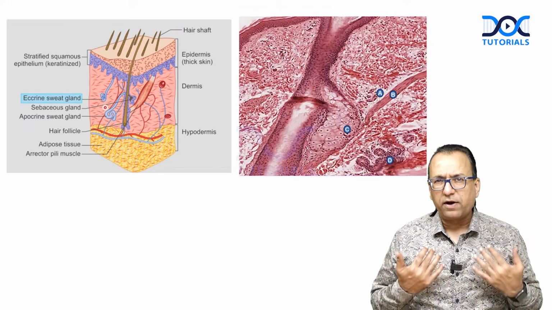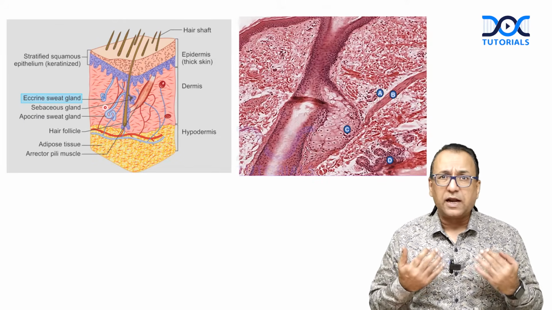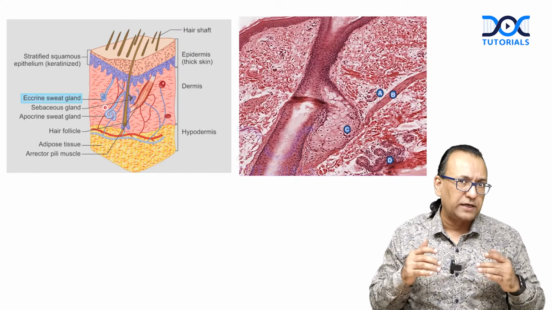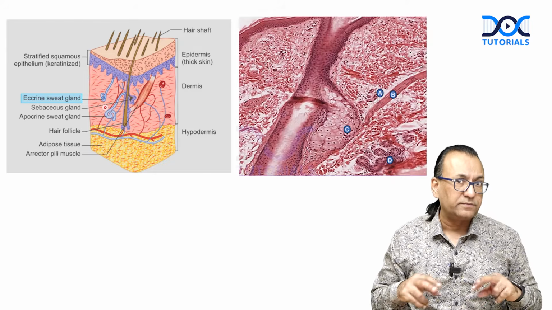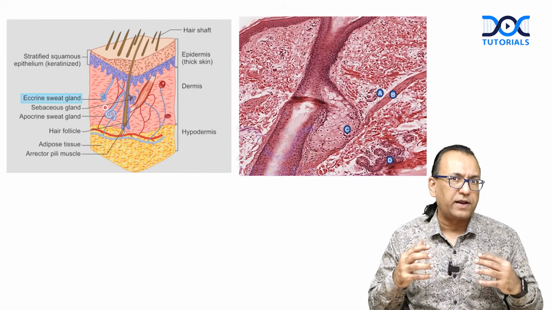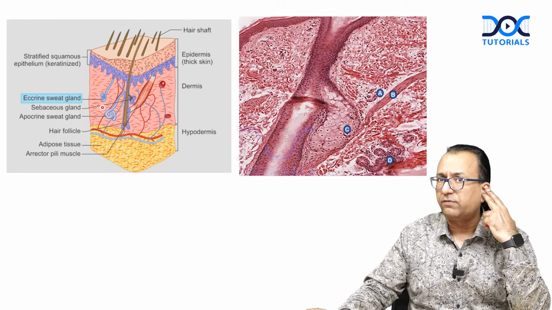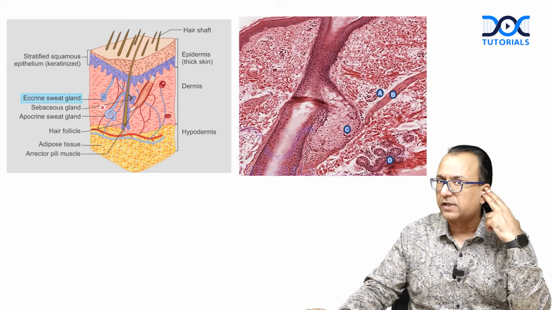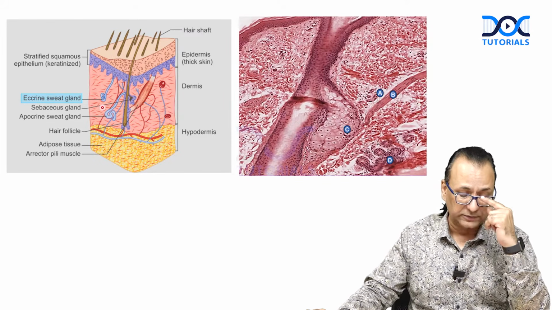Mammary gland is also a modified apocrine sweat gland, though it is to be understood that when you're talking about the protein secretion or other secretion in the milk, they'll be done by the merocrine variety. But lipid secretion is by apocrine variety. So you have taken two examples of modified apocrine sweat glands: the ceruminous gland, the wax gland, and the mammary gland, when it comes to lipid secretion.